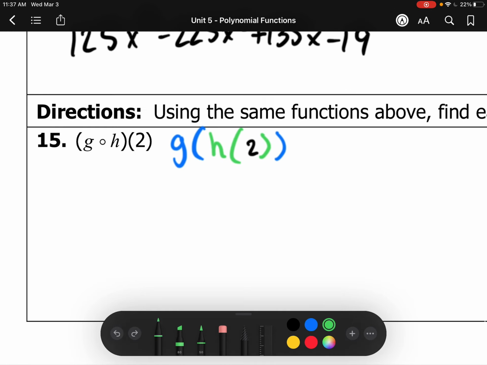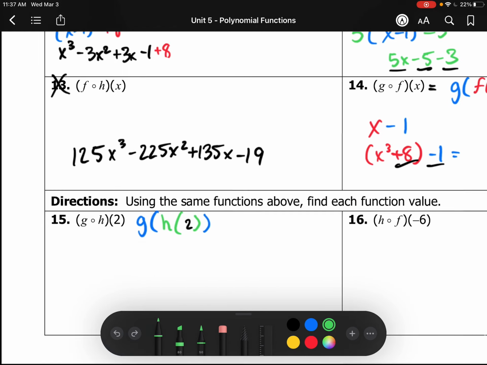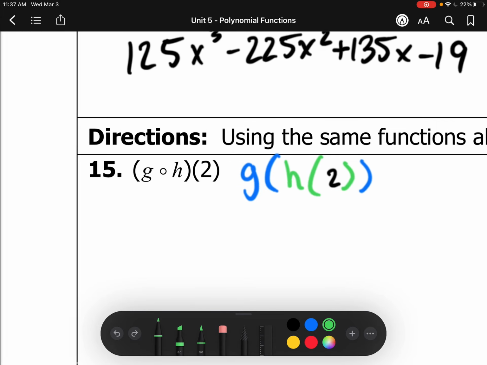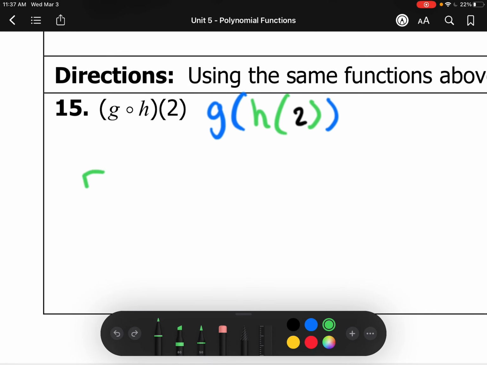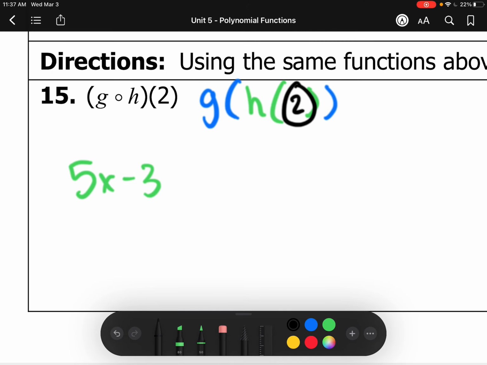And we're going to get started with function h, right? So function h is 5x minus 3. And here my x value, because x value is our input, is going to be 2. So I'm going to go ahead and turn this x to be black so that you can see that I'm changing this x with 2.